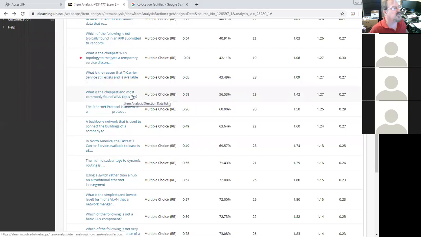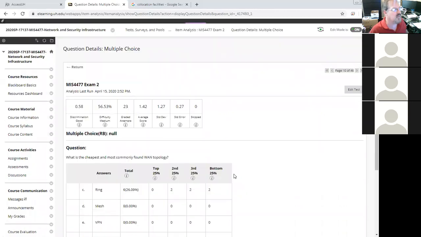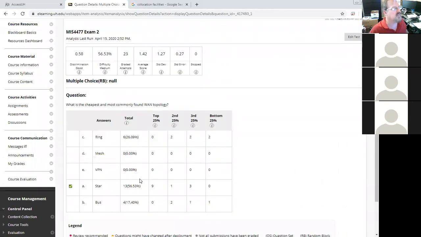What's the cheapest and most commonly found WAN topology? I'm surprised so many people missed this one. More than 50% of you got it, but several of you missed it. The cheapest and most commonly found WAN is star. Some of you put ring topology. As I mentioned in class, ring is probably smarter. It's a better idea.